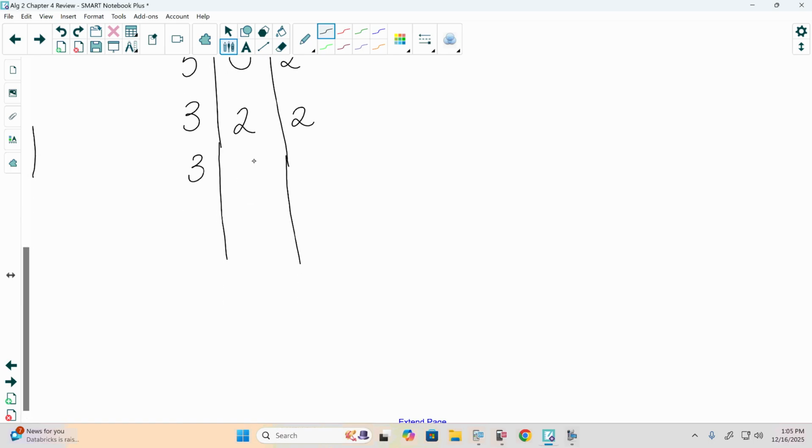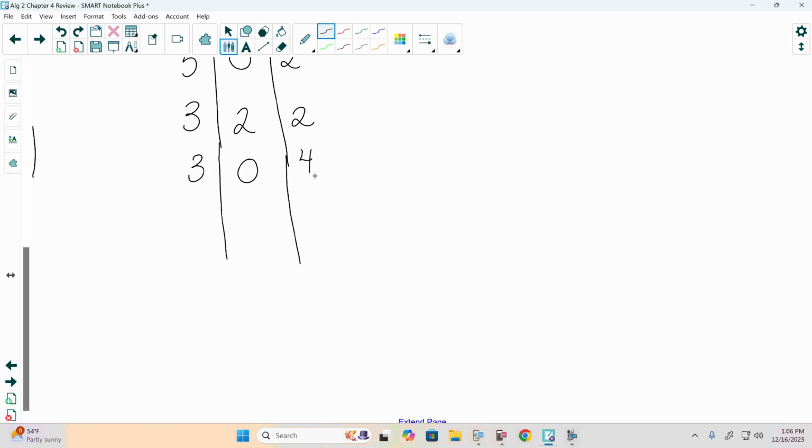I could have 3 positives and 0 negatives. Total number of solutions that we have right now is 3. We need 7, so I'm missing 4. Those 4 are complex.